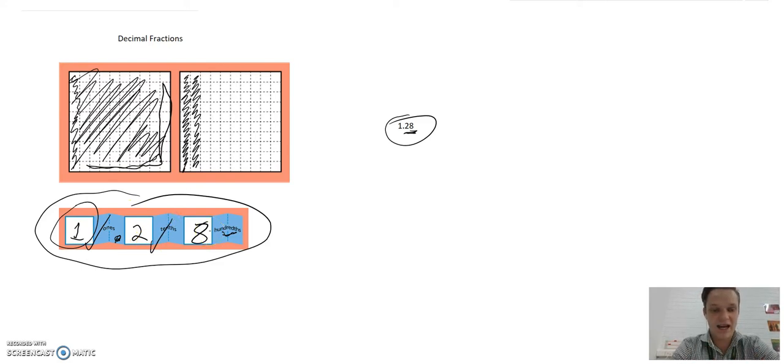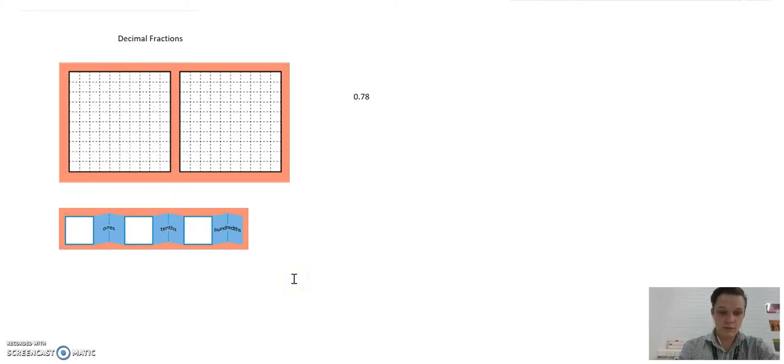If we were to do 8 hundredths, it would only be 8 squares because 1 square equals 1 hundredth. So 1, 2, 3, 4, 5, 6, 7, 8. So that is 1.28.